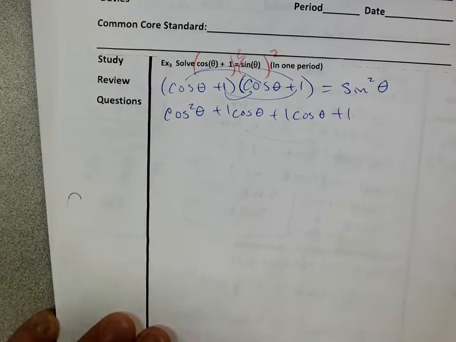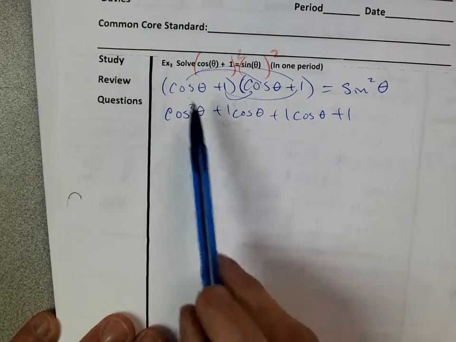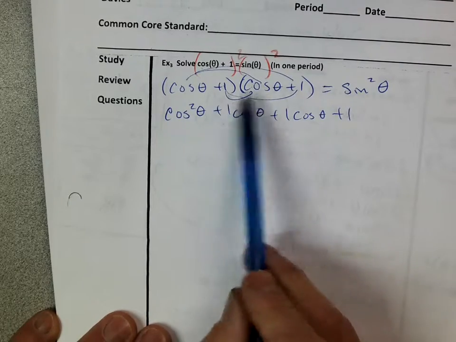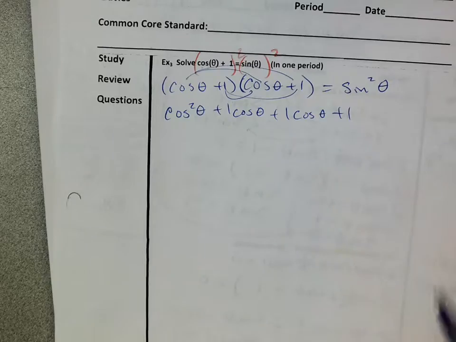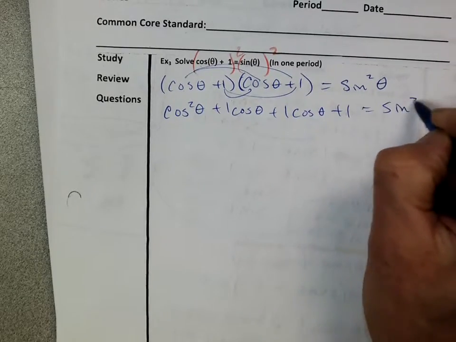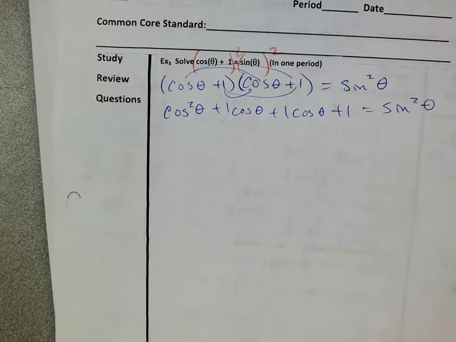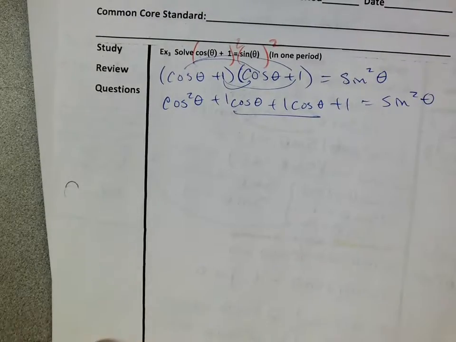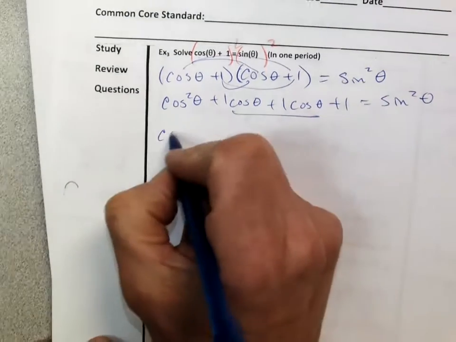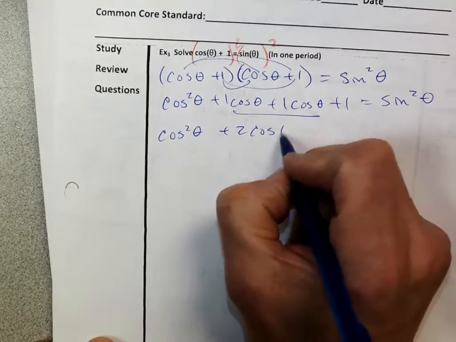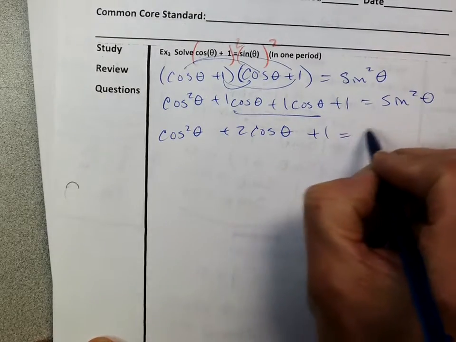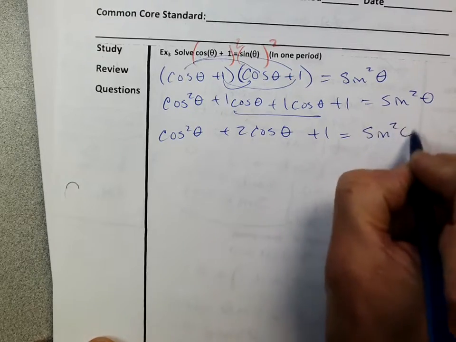Okay, I just FOIL it, and of course that still equals the sine squared theta. Now I can combine these two, so it's cosine squared theta plus 2 cosine theta plus 1 equals sine squared theta. Okay.